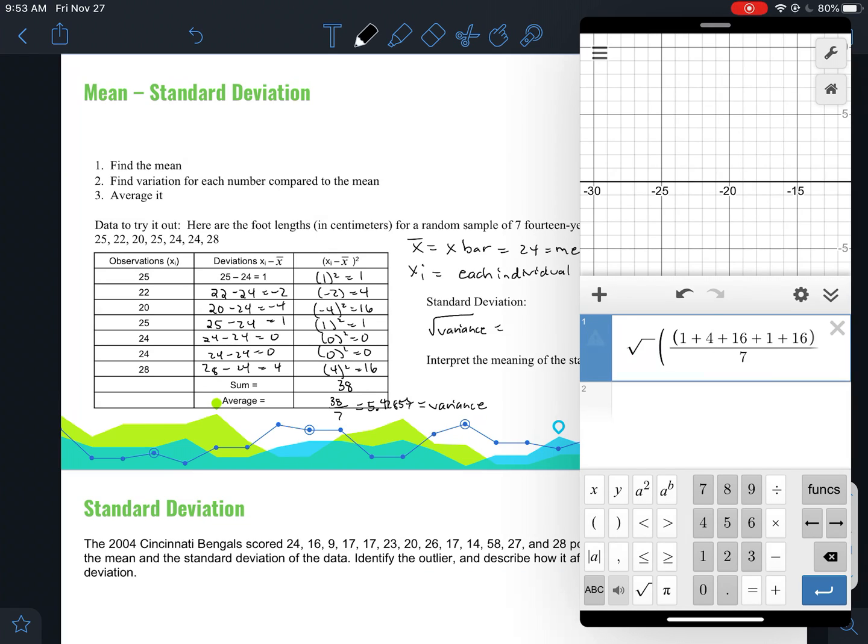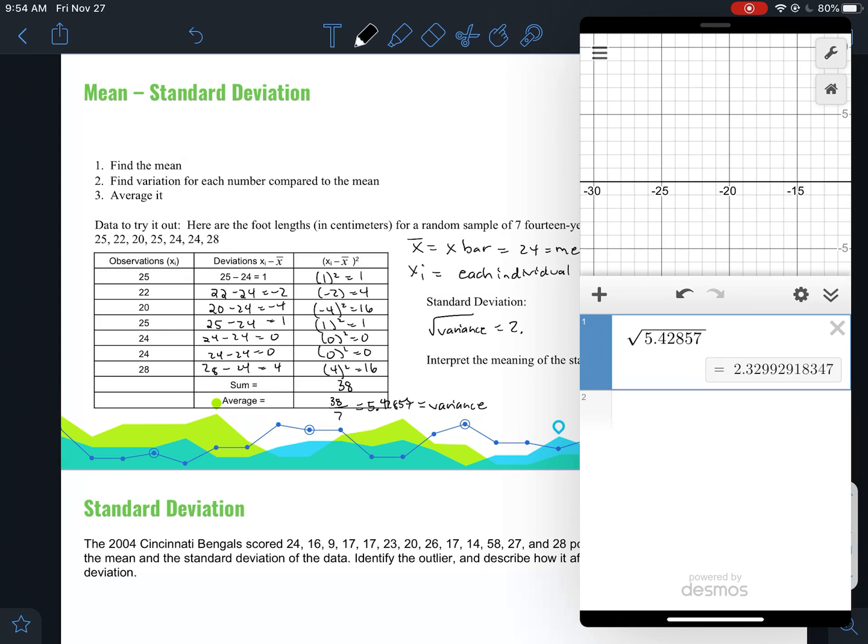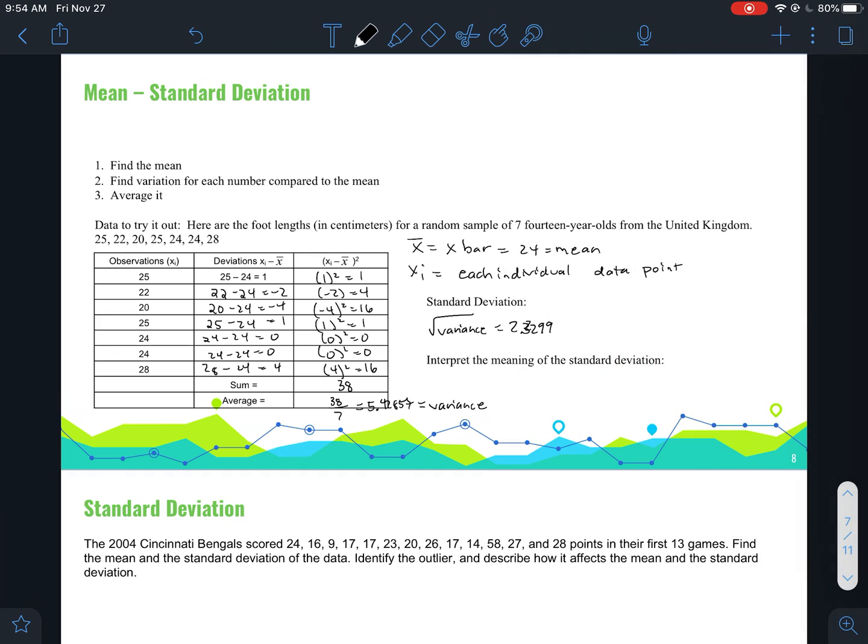So if I take the square root of that data set, we'll just take the square root of 5.42857, and you get 2.3299.